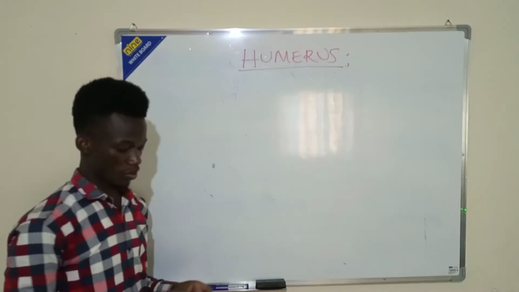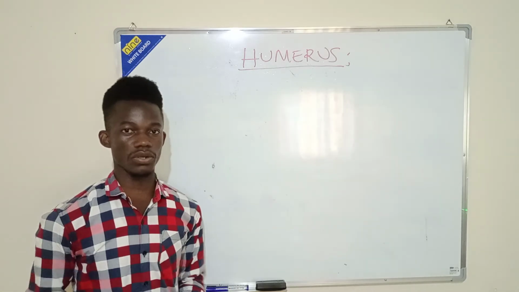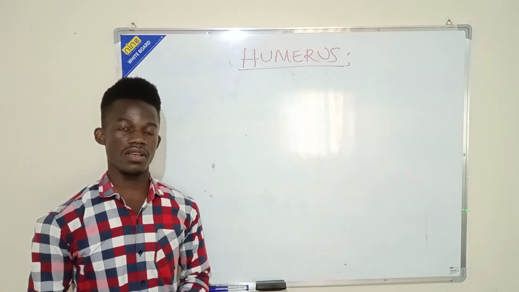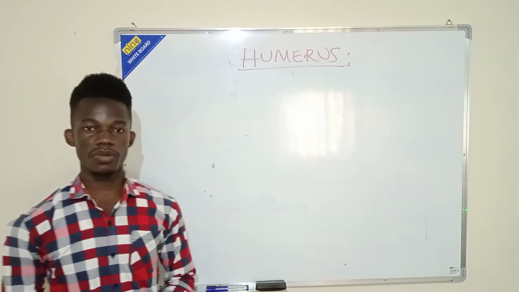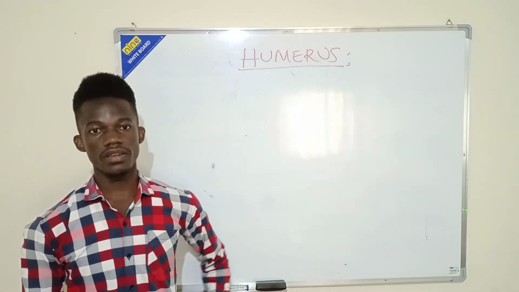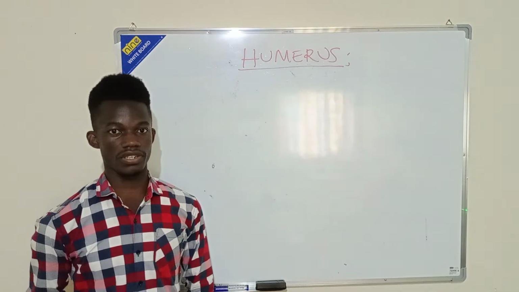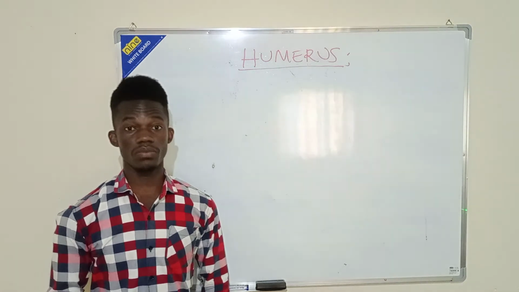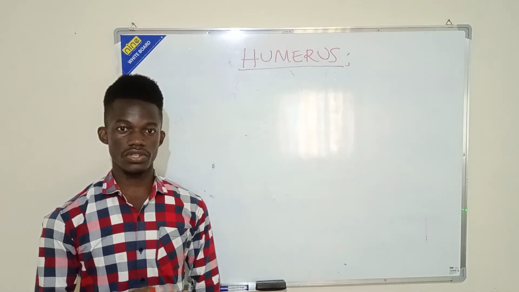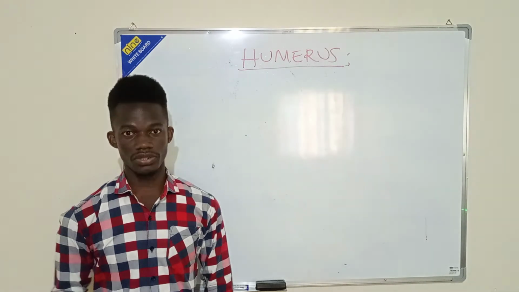We are going to look at features on this bone. The humerus is also known as the bone of the arm or the brachial bone, and it is that long bone which lies between the shoulder joint and the elbow joint.